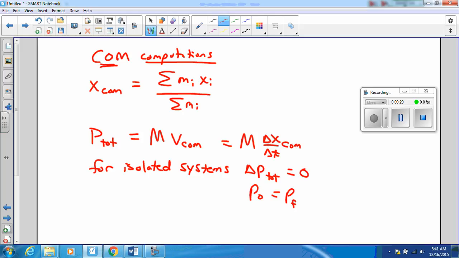In particular, if my system is stationary at the beginning of the problem, then the center of mass has to remain stationary during the entire problem. That's the whole chapter.